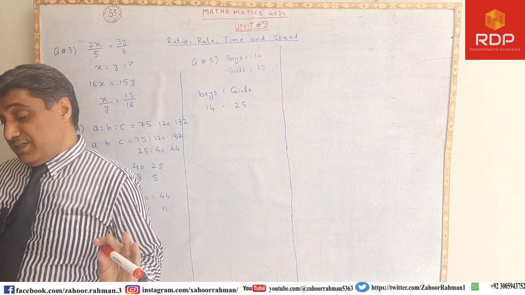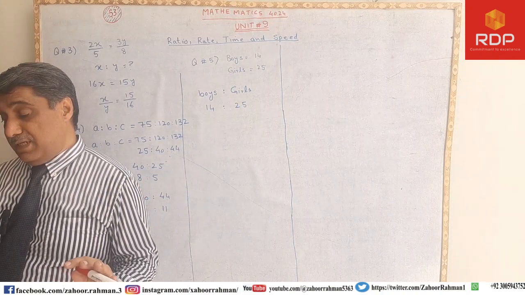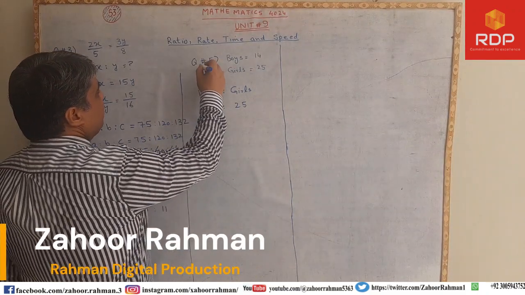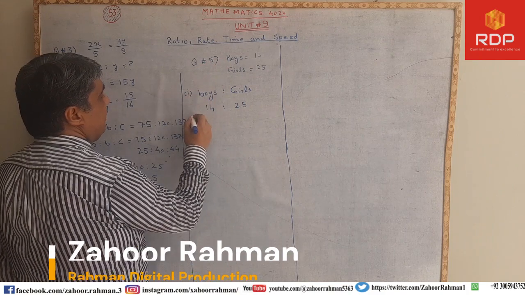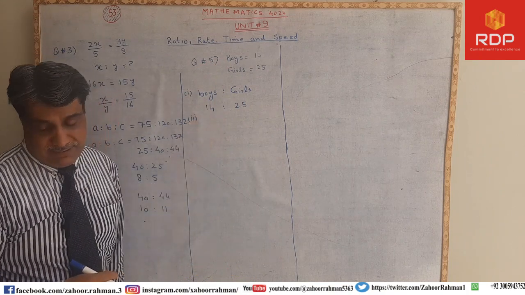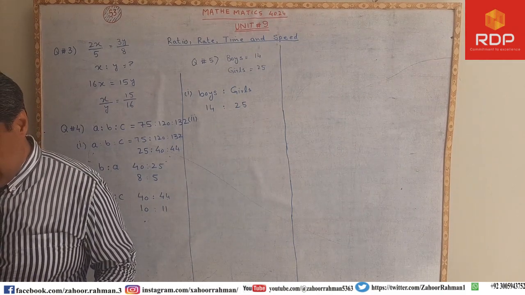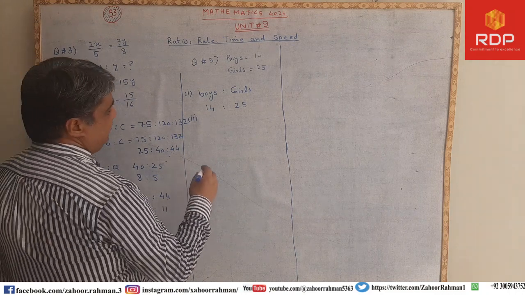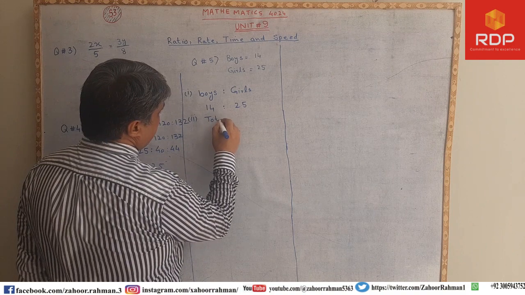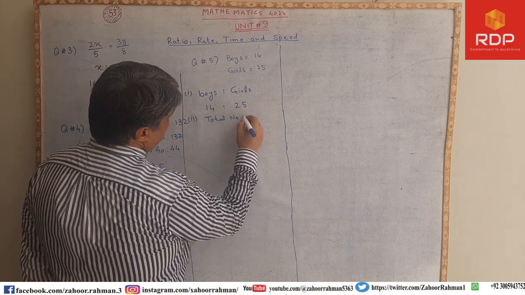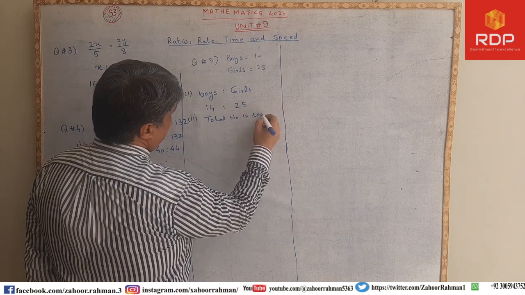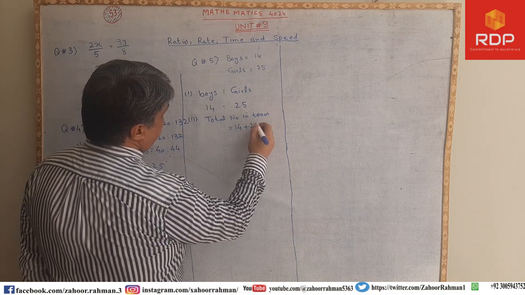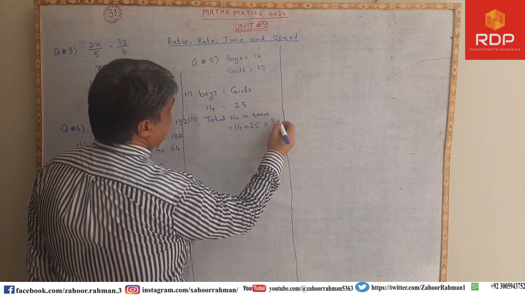Further simplification is not possible. So, this is the answer of the first part. Now, the second part of question number 5 asks for the number of girls to the total number of players in the team. First, we have to find the total number in the team, and that is 14 plus 25, which is 39.